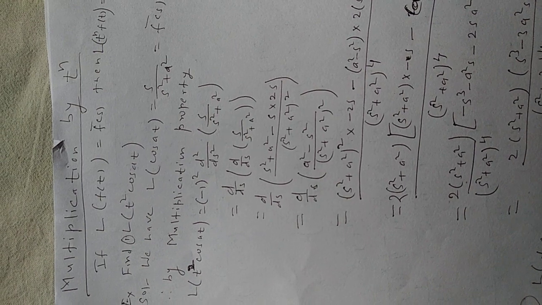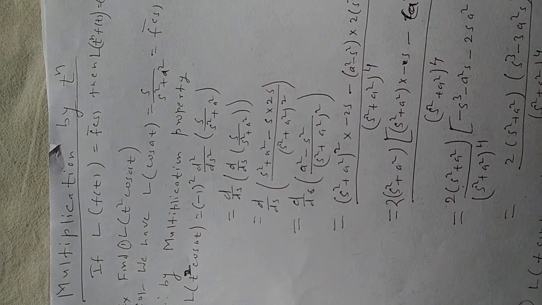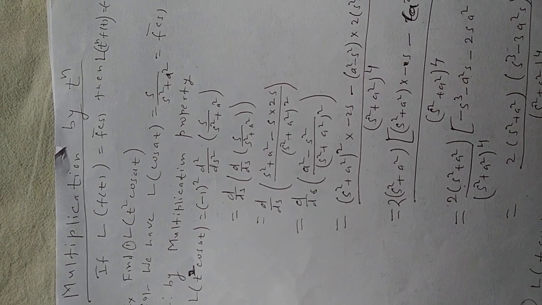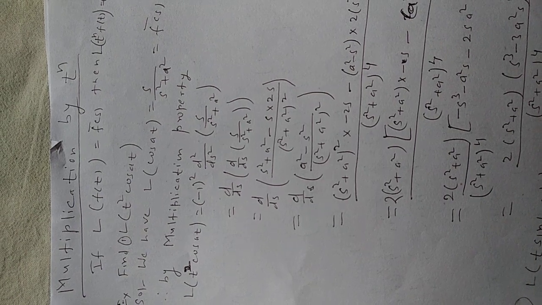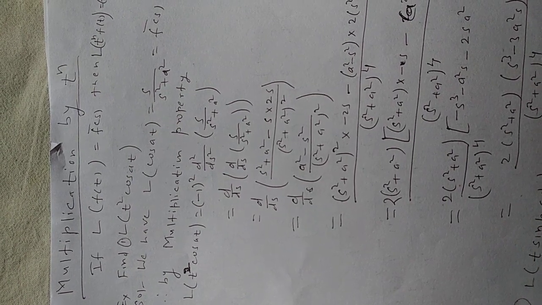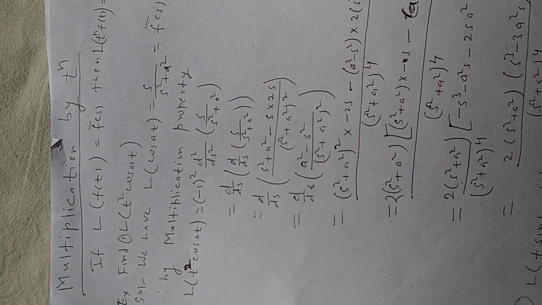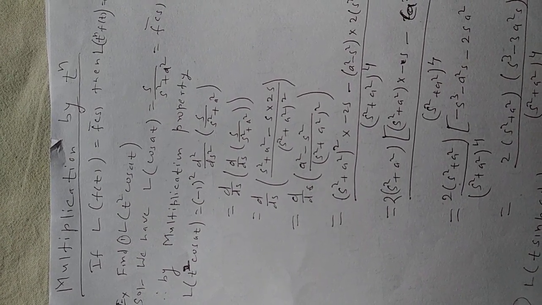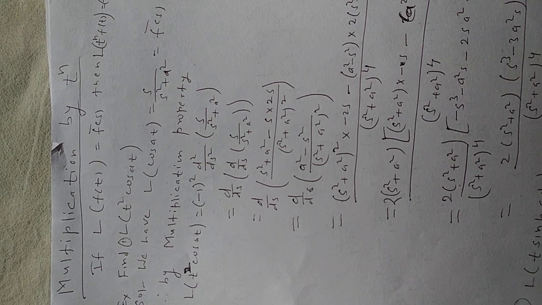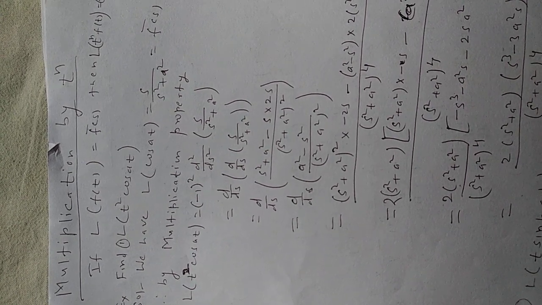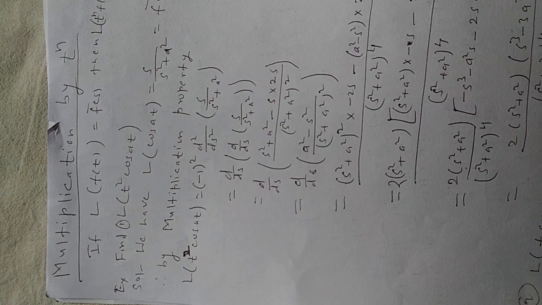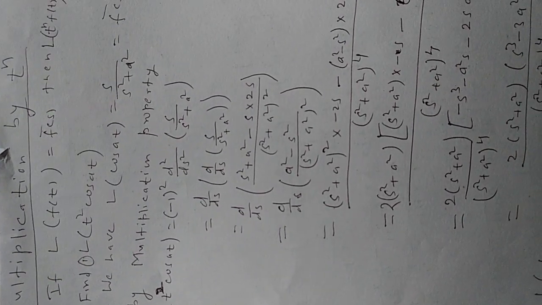If Laplace of f(t) equals f bar of s, then Laplace of e raised to at f(t) is equal to f bar of s minus a, or Laplace of e raised to minus at f(t) is equal to f bar of s plus a. So this one is the first shifting property.